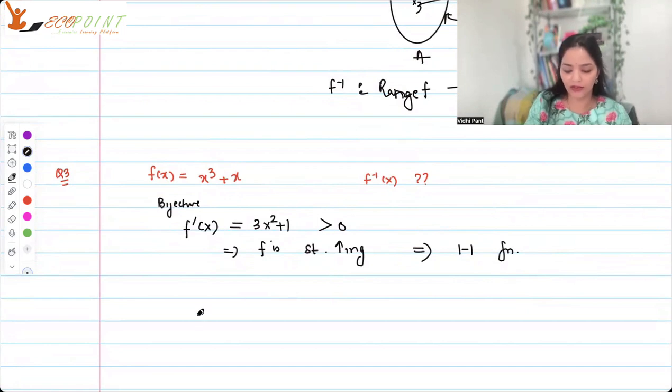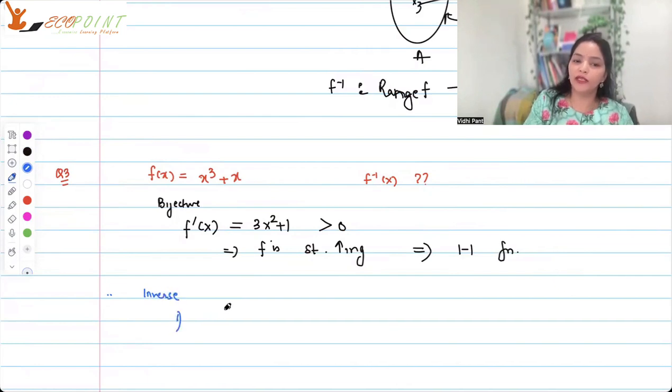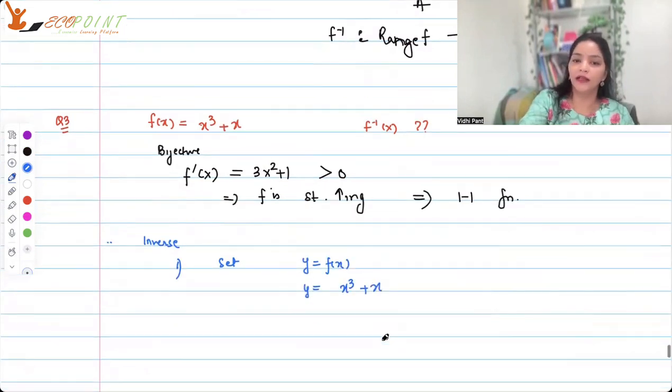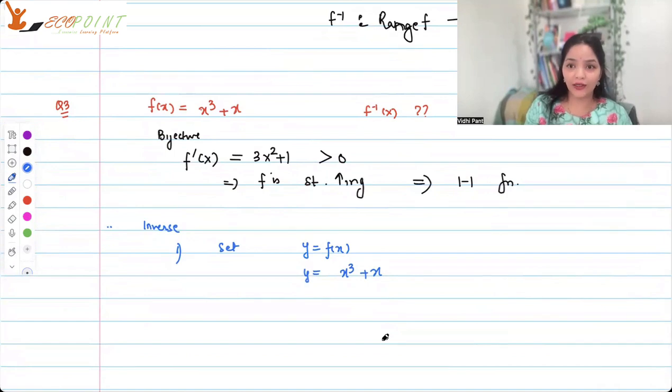How will you do that here? Now, this is a very tricky one, because if I try figuring out the inverse, I'm going to set y equals f(x), which means y equals x cubed plus x. Now, this is a cubic. What you essentially have is x cubed plus x minus y equals 0.